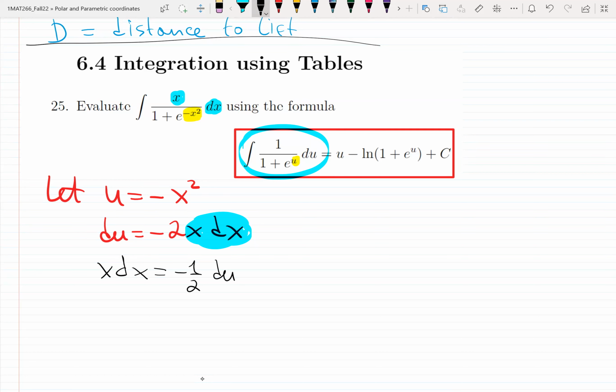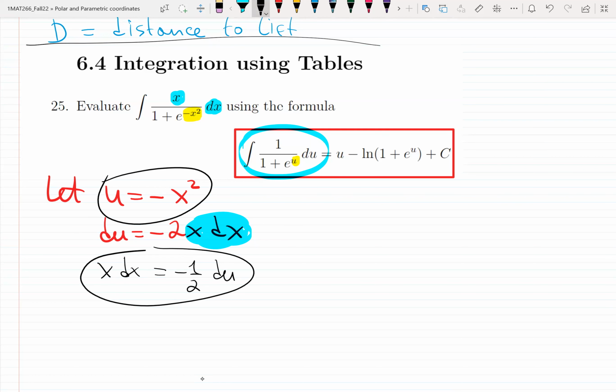We're plugging the first equation and the third equation into the original integral. u will be plugged into the exponential function and then x dx into this blue part. The integral of x over 1 plus e to the minus x squared dx is the integral.